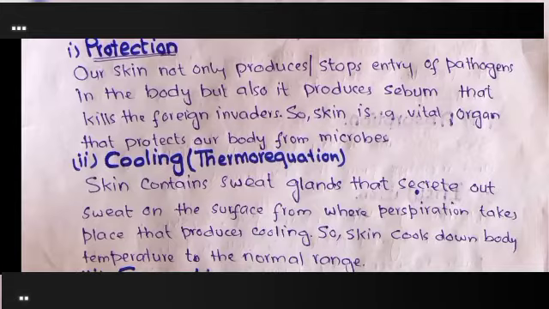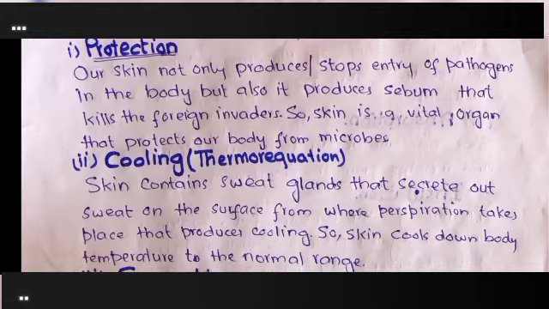When there is high temperature in our external environment, what is done by the skin? Skin contains sweat glands, so sweat glands open and produce sweat. By the perspiration of sweat, cooling is produced that normalizes our body temperature, whatever the external temperature is.